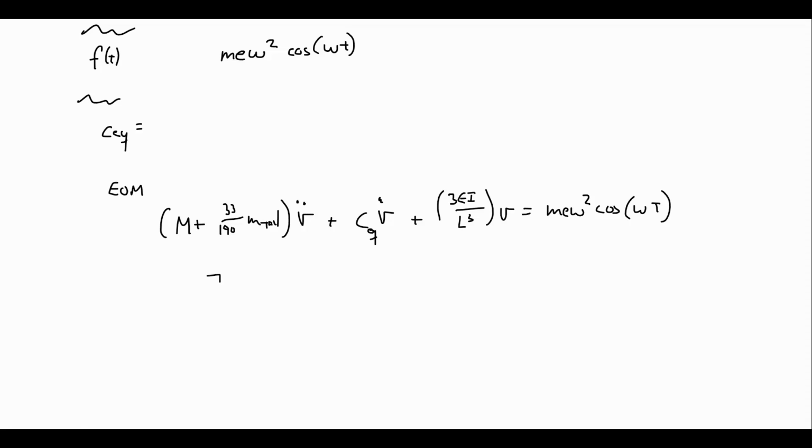So that's V double dot plus, I'll come back and fill this in in a moment, plus, right, so we are told that the flexural rigidity was 2.5 million Newton meters squared, so that's my EI, and our L was 4 meters. So our stiffness comes out to be 117,000 newtons per meter.